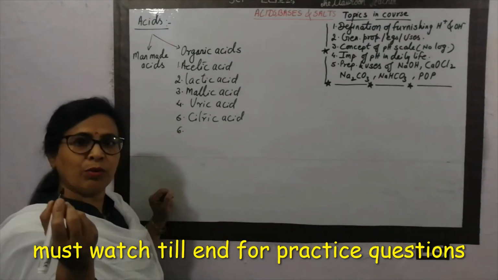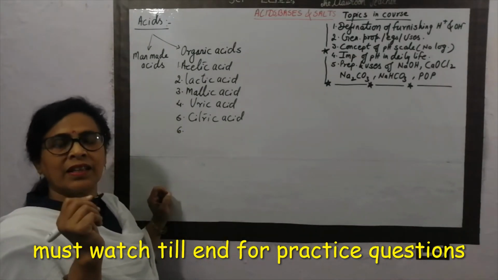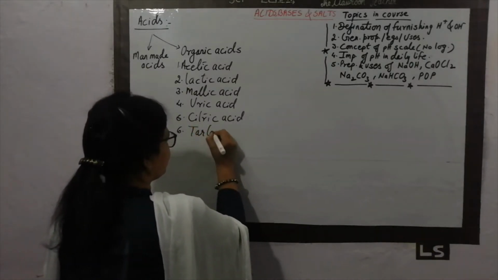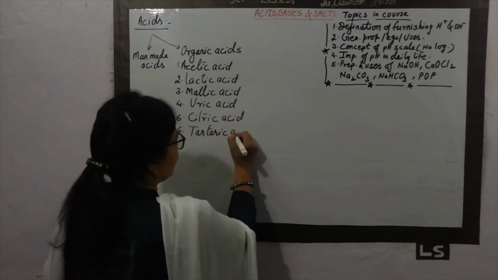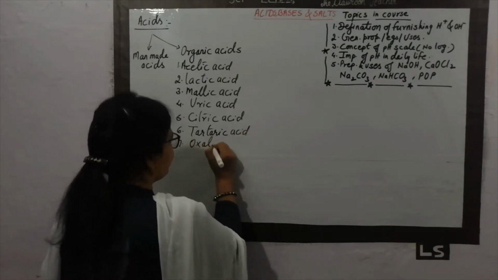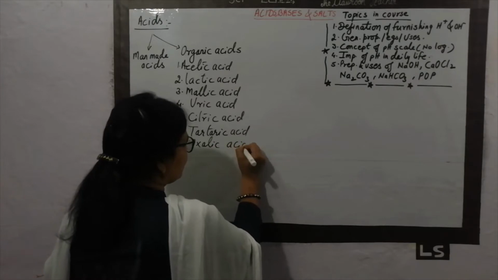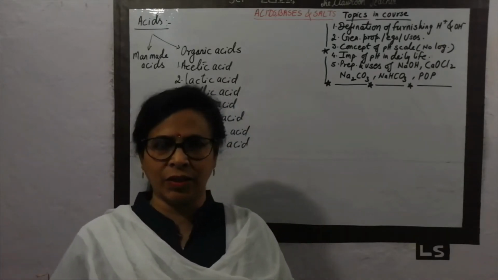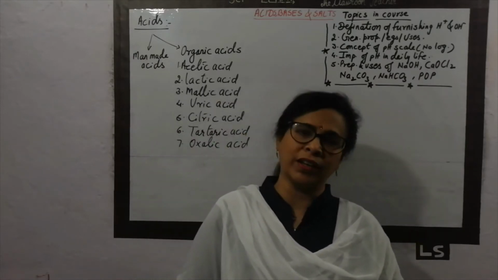Must recall where you heard these words, maybe uric acid and citric acid, or tartaric acid, oxalic acid. And lots of acids are present in this series. Okay, these are a few examples of organic acids.